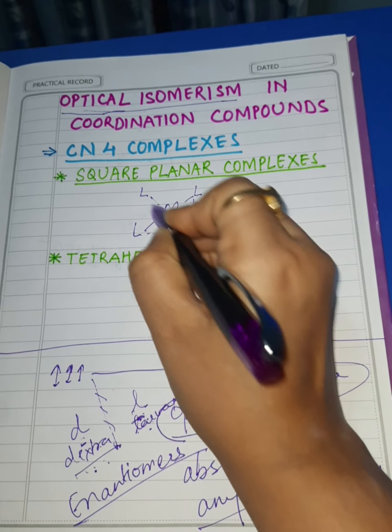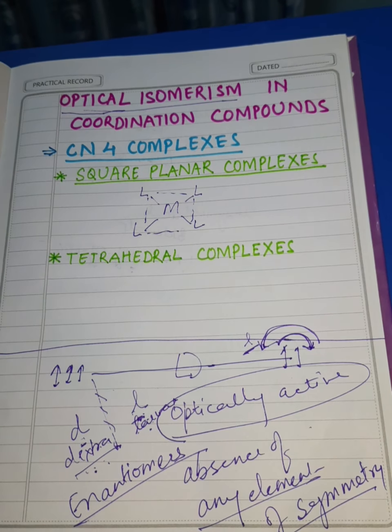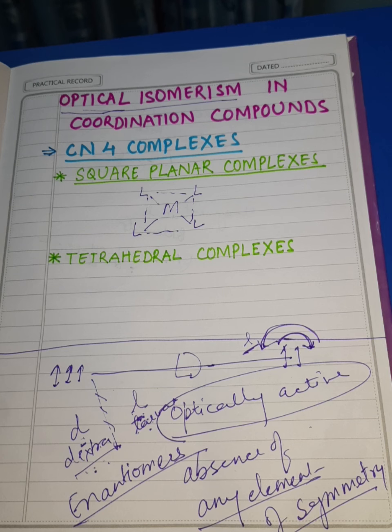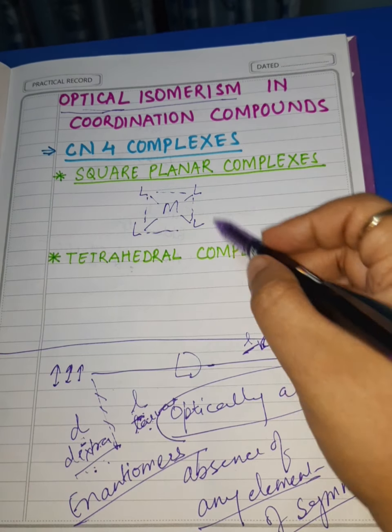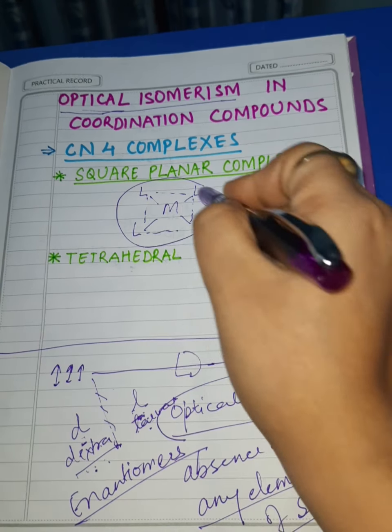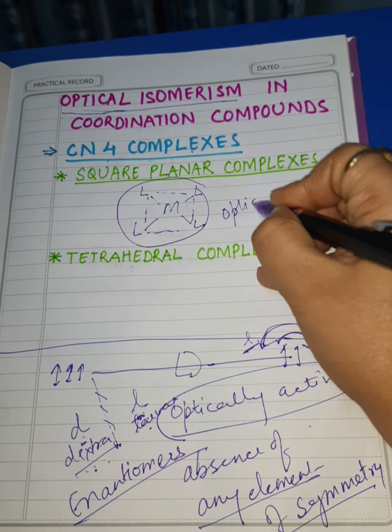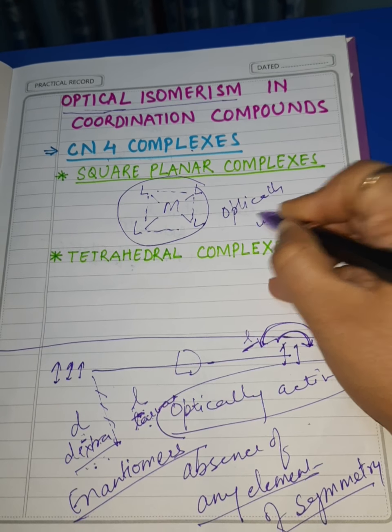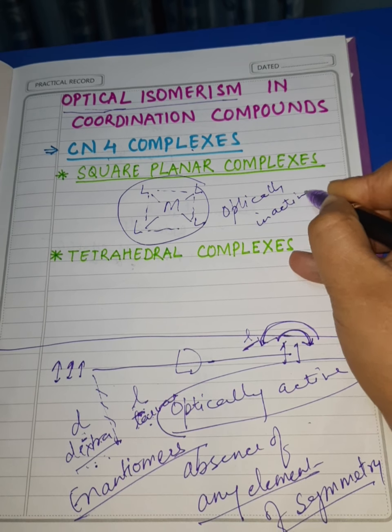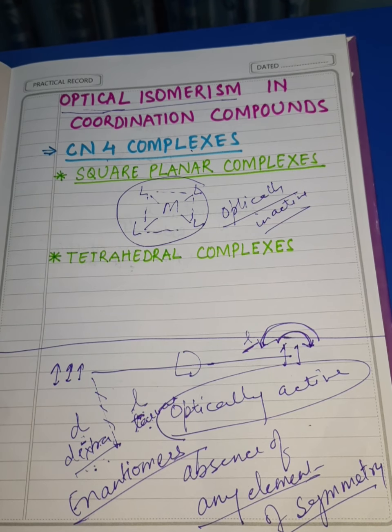Since they lie in the same plane, due to the presence of a plane of symmetry, such CN4 complexes are optically inactive. Optically inactive means they do not show the phenomenon of optical isomerism.